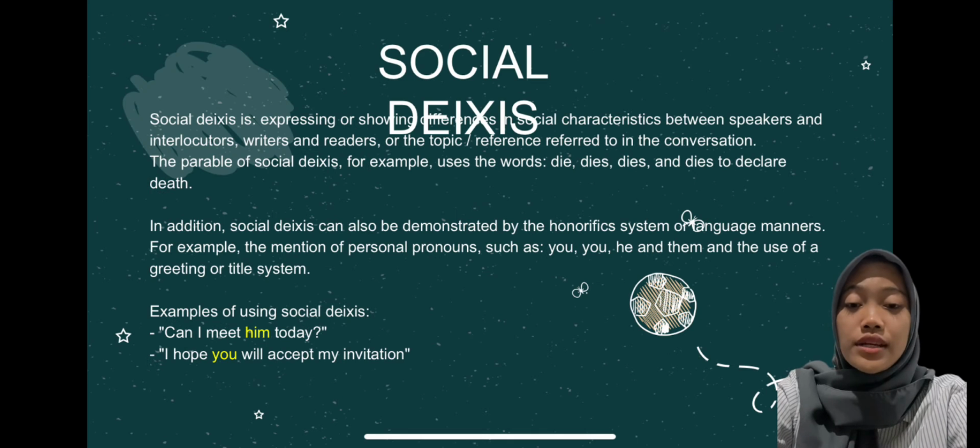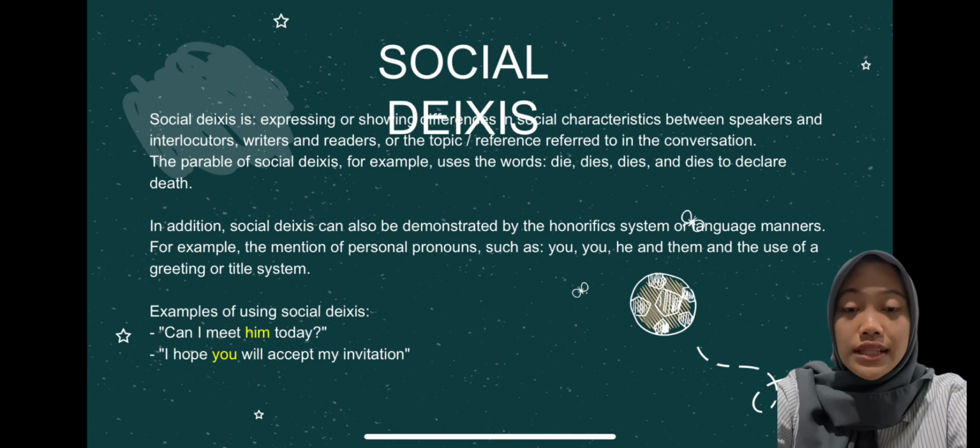So the next is social deixis. Social deixis is expressing or showing differences in social characteristics between speakers and interlocutors, writers and readers, or the topic or reference referred to in the conversation.